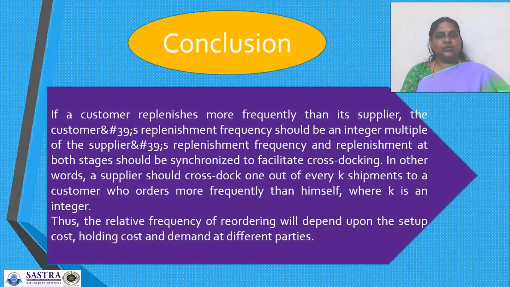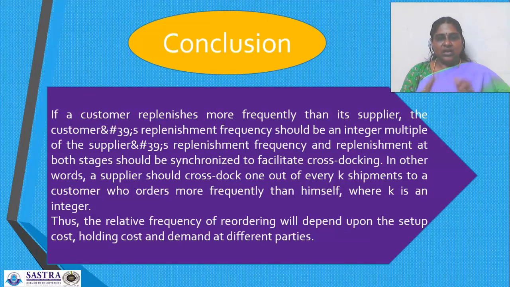So as a conclusion, if a customer replenishes more frequently than its supplier, the customer replenishment frequency should be an integer multiple of the supplier's replenishment frequency, and these replenishments at both stages should be synchronized to facilitate cross-docking.